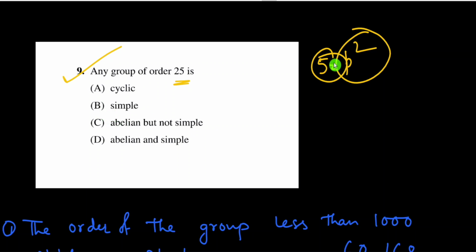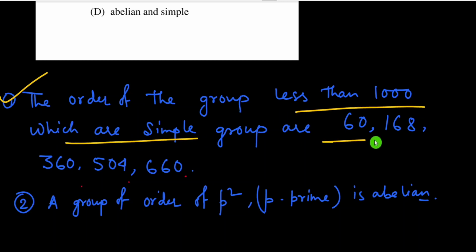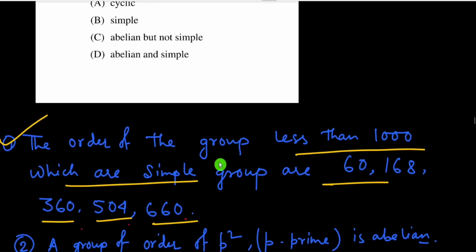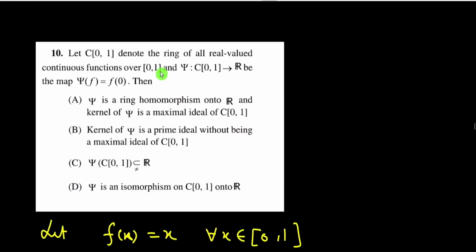Here we also use that the groups of order less than 1000 which are simple are of order 60, 168, 360, 504 and 660. But the order of the group here is 25, therefore it is not a simple group, therefore it is abelian but not simple. Option C is the correct option.